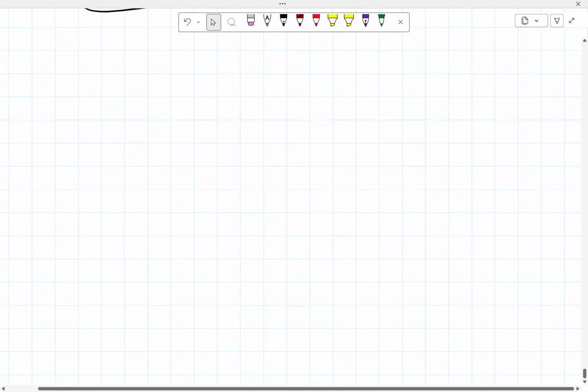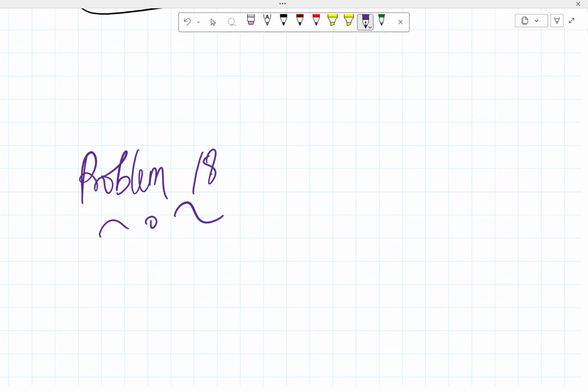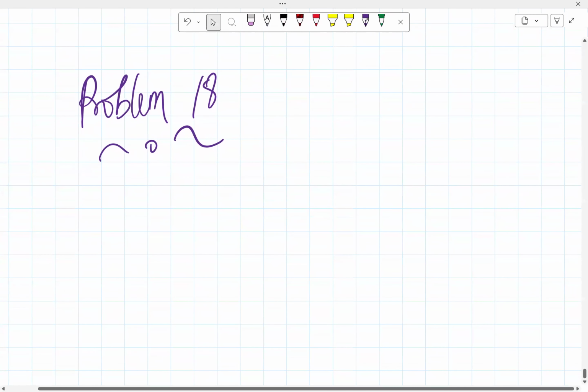Okay, so we move on to another one, problem 18 now. Problem 18, which looks a bit taxing.